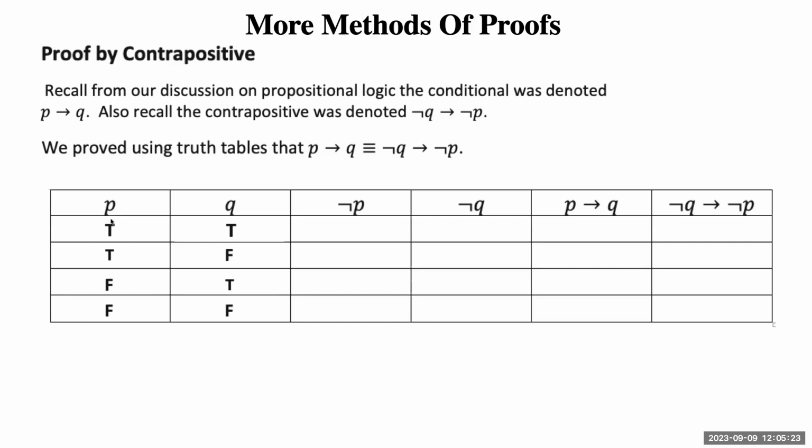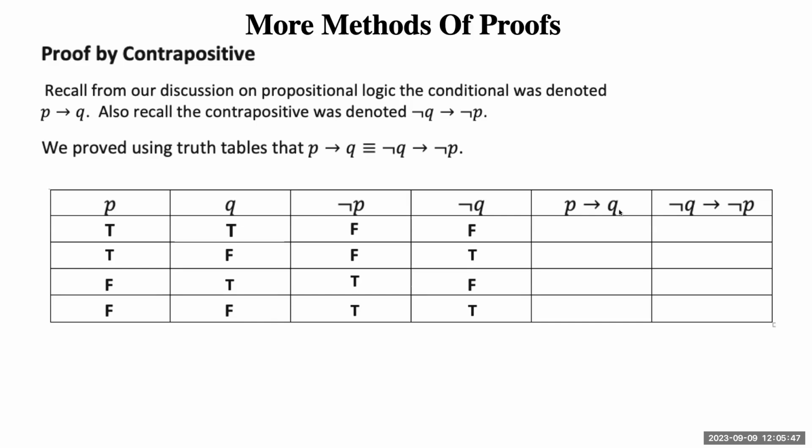Now P is true, true, false, false, so not P is going to be false, false, true, true. Q is true, not Q is false. Q is false, not Q is true. Q is true, not Q is false. Q is false, not Q is true.